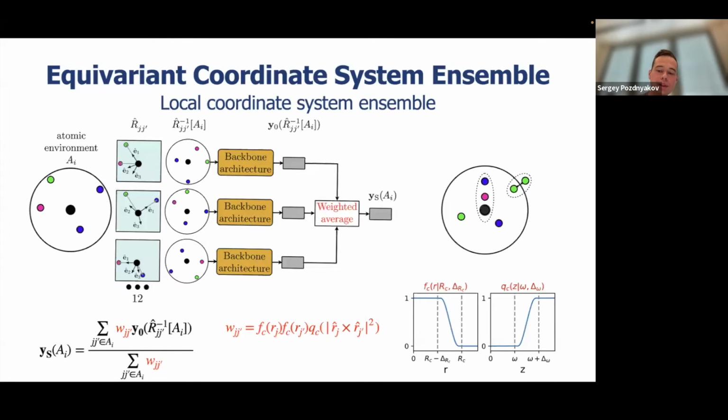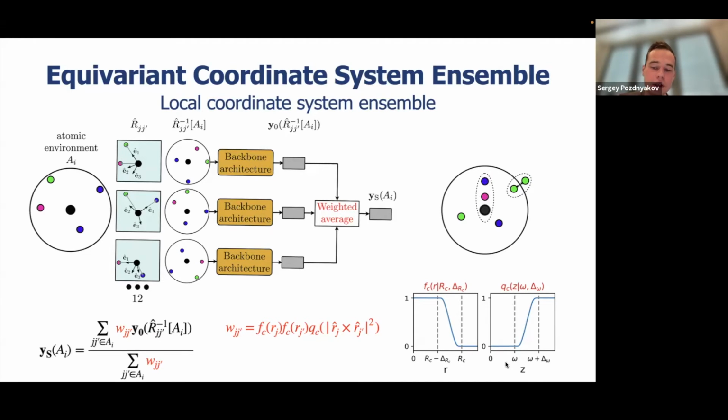And as for the second problem, regarding the impossibility of constructing a coordinate system for an exactly collinear triplet of atoms, the story is exactly the same. The problematic pairs of neighbors are also zeroed out, and this is done by the stitching function.